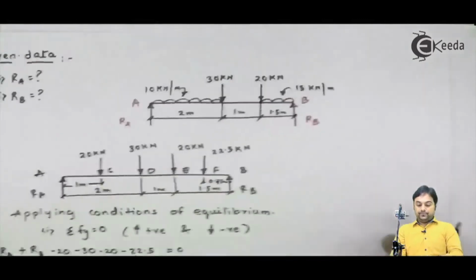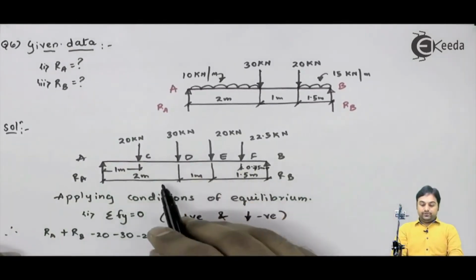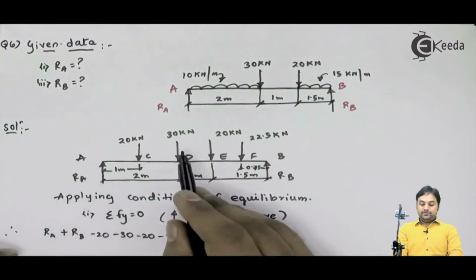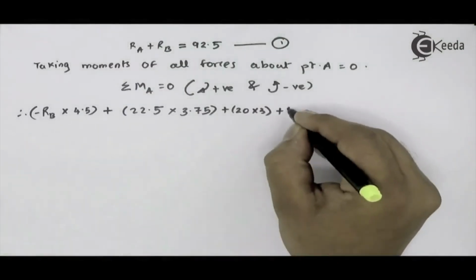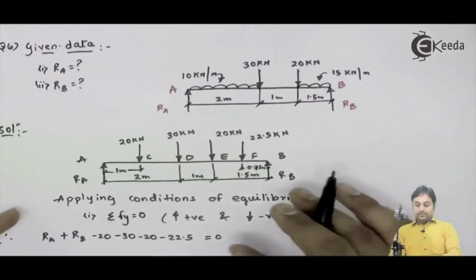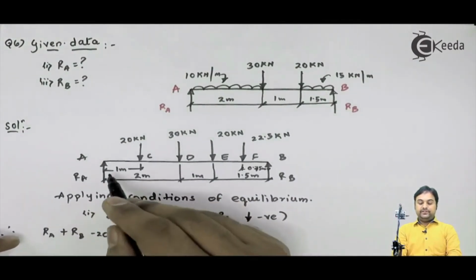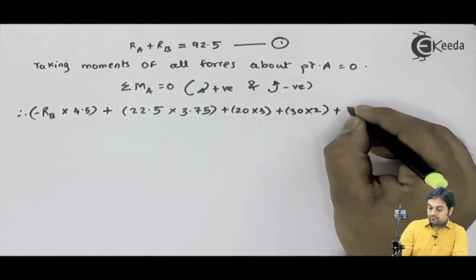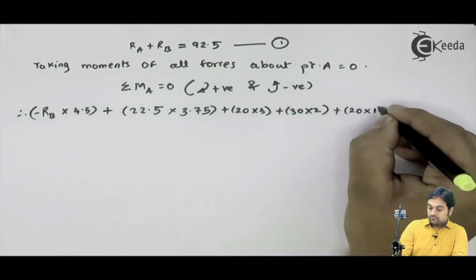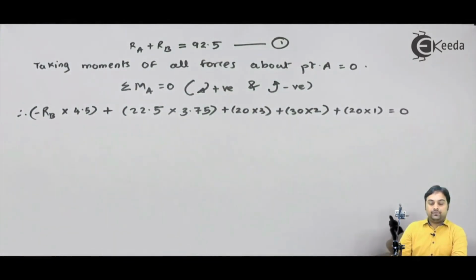next, here I have 30 kilonewton, it would again be producing clockwise moment. So plus 30 into 2, then 20 kilonewton, it will be again producing clockwise moment. So plus 20 into 1, that's equal to 0.